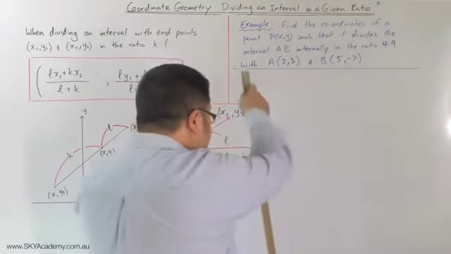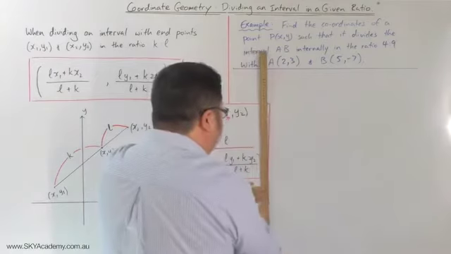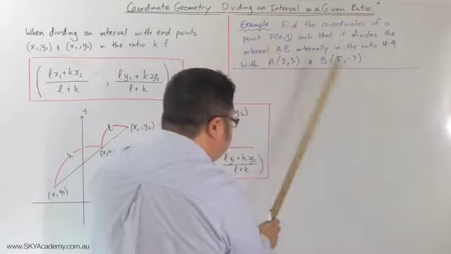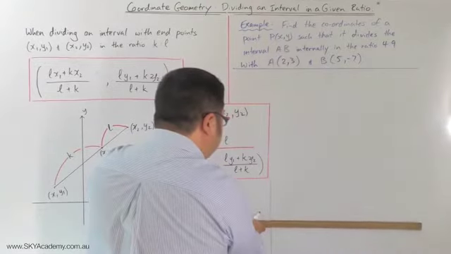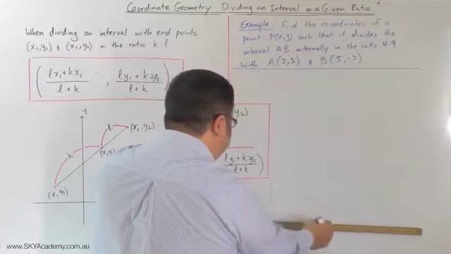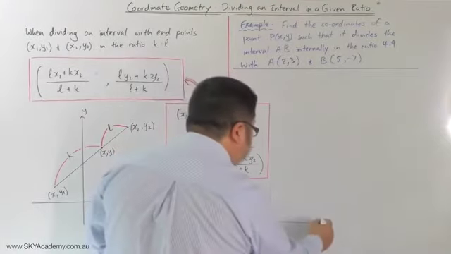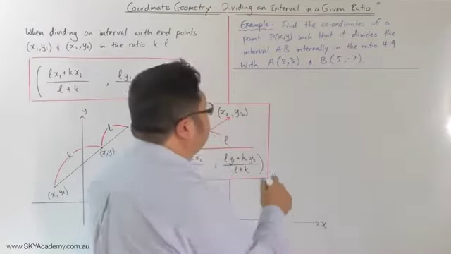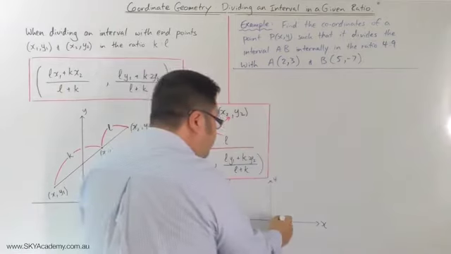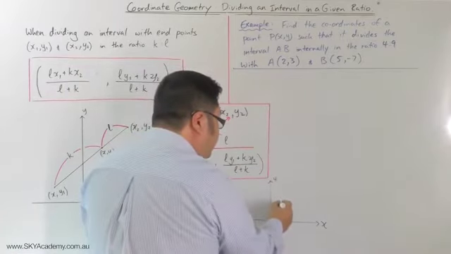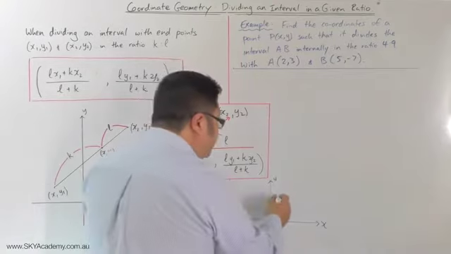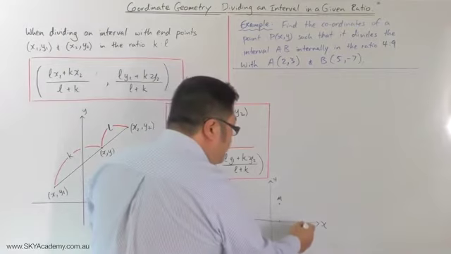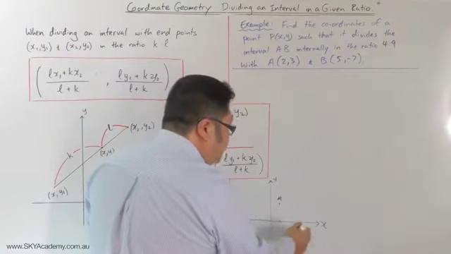Now I'm going to plot those points on a number plane so we know what's going on, and we should always be in the habit of doing this. That's the x-axis and this is the y-axis. So (2, 3) is over here, that's your point A, and your point B is 5, which is around here, and -7, which is way below here.